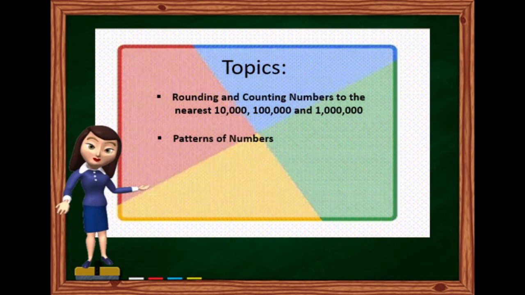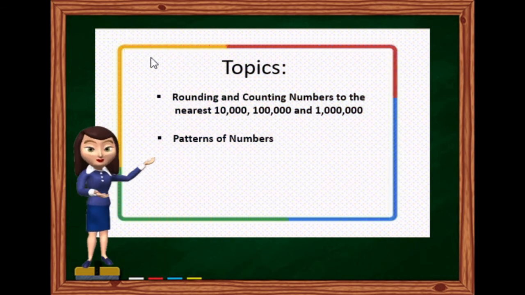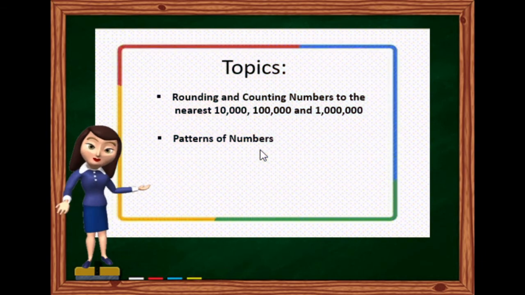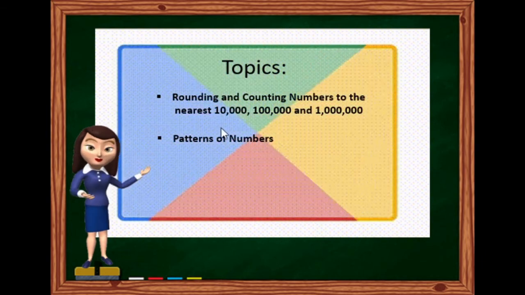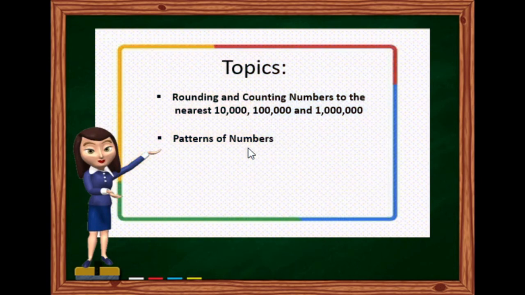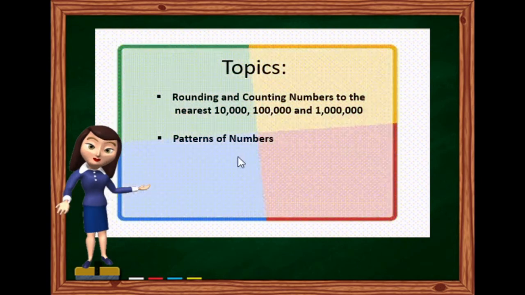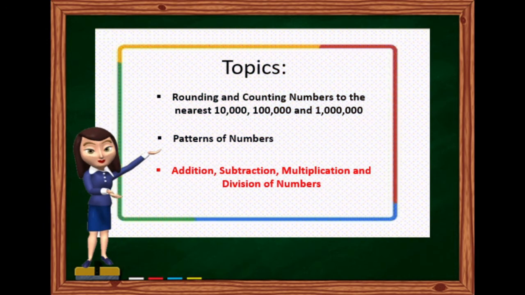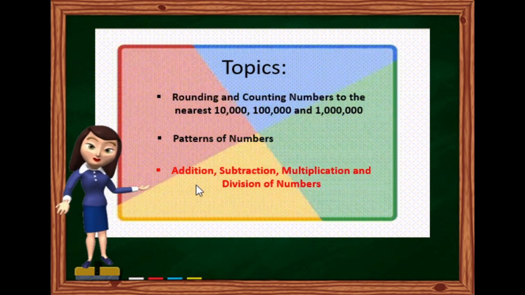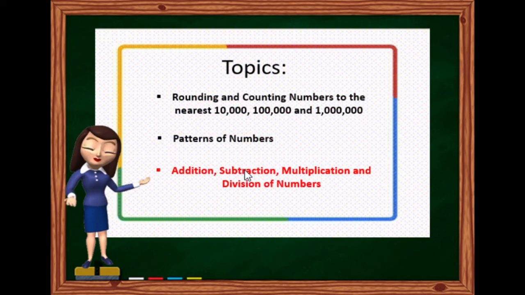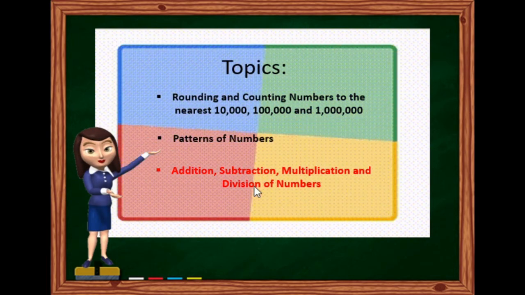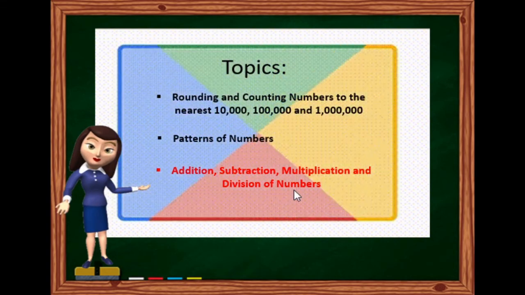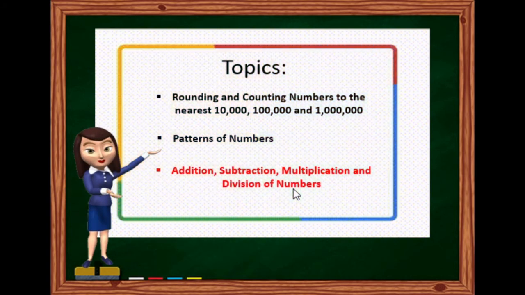I have also studied with you the patterns of numbers, or how we get missing numbers of 2, 3, 4, or more digits. And in this video, you are going to learn addition, subtraction, multiplication, and division of numbers, together with solving problems.